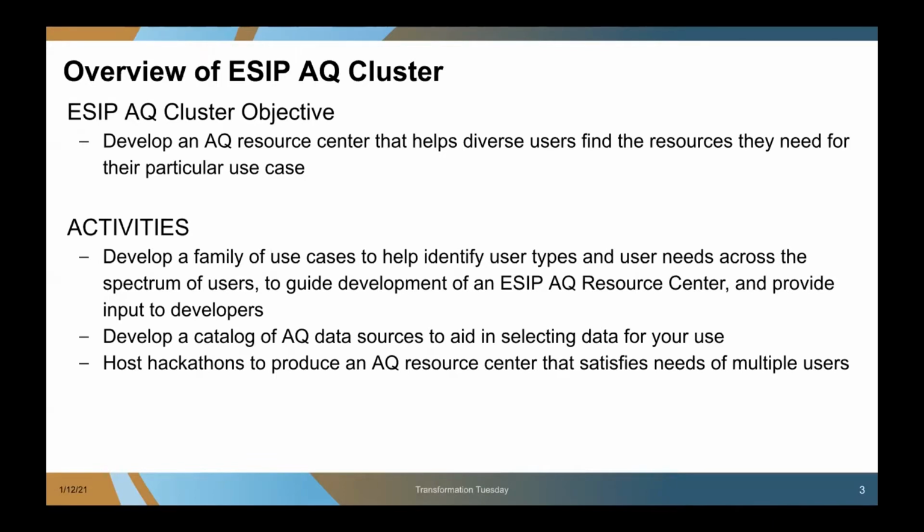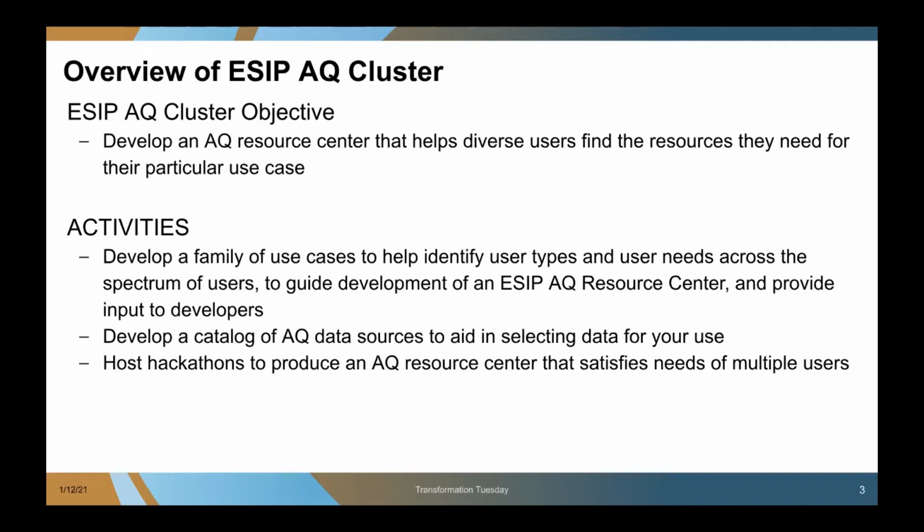So we have really two major activities going on right now. One of those is development of a set of use cases, and we used our ESIP Winter 2021 meeting earlier this week to start developing a set of use cases that come from a pretty wide range of sources, including the research community, but also the people with practical problems that need to be solved.